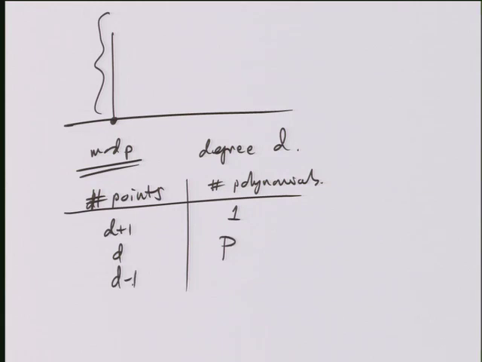P squared, because you have two free points now. Any two points that you want, you can choose, and then you can let the value be whatever you want. So you get exactly p squared. D minus 2, p cubed. You see the pattern. It goes exactly according to form.